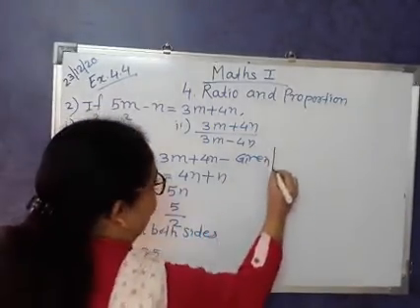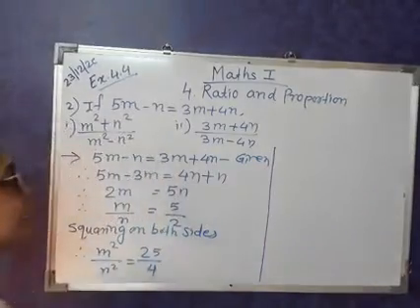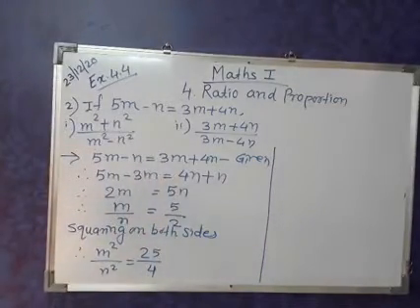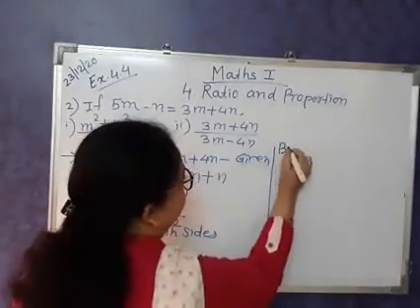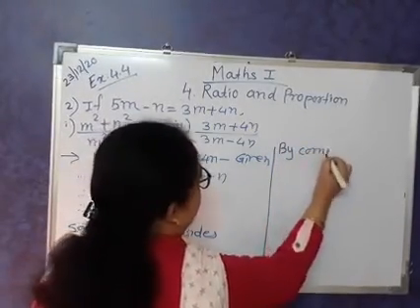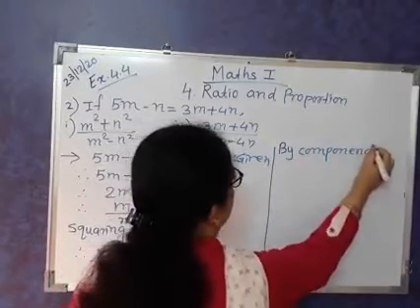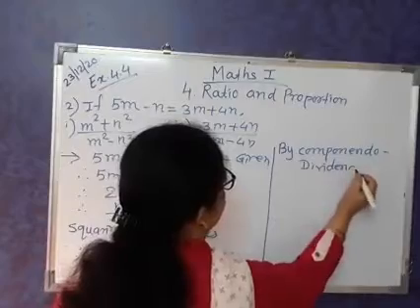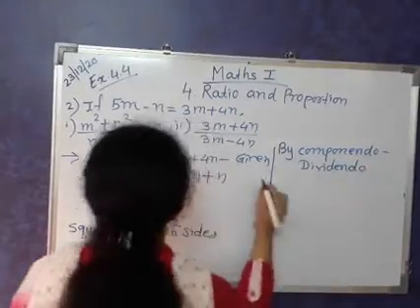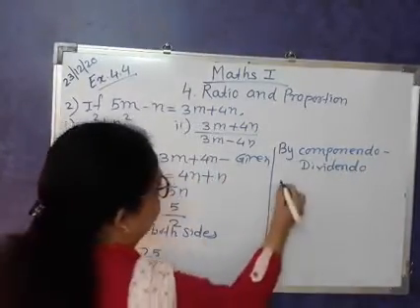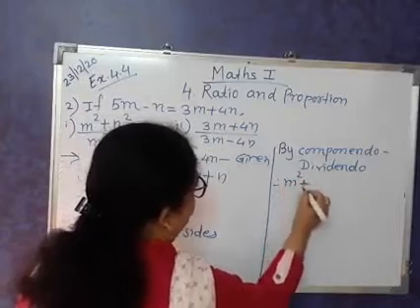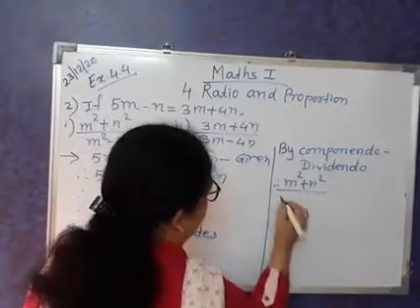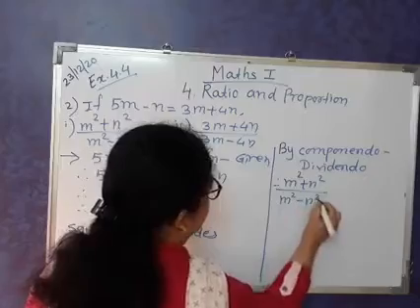We have to add and subtract. The addition and the subtraction is called componendo and dividendo. Okay? So what will we write here? By componendo and dividendo, both the operations we are doing, we get m square plus n square upon m square minus n square.